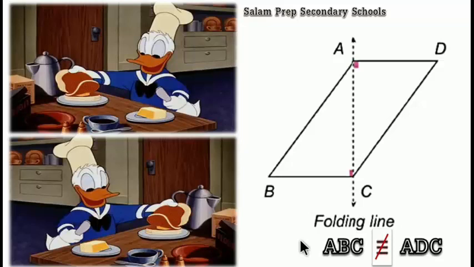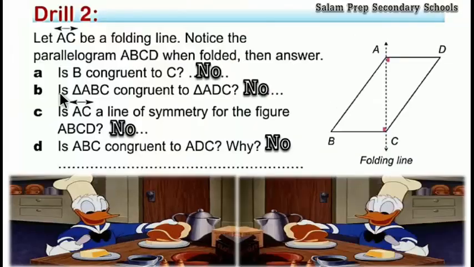Pay attention. The triangle A B C is not congruent to A D C. Back to our question. Is triangle A B C congruent to A D C?